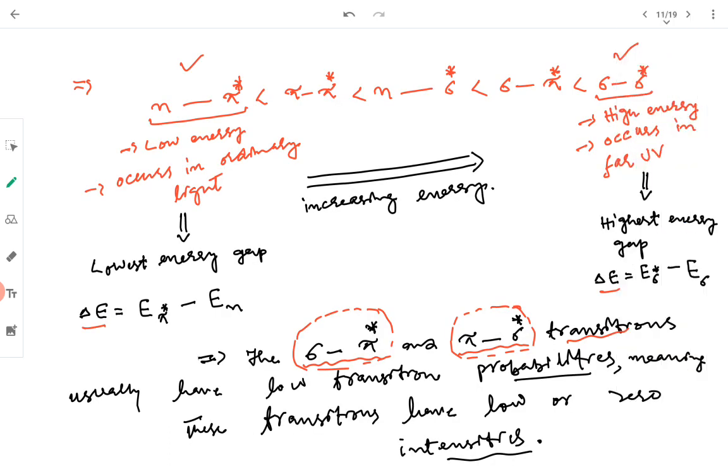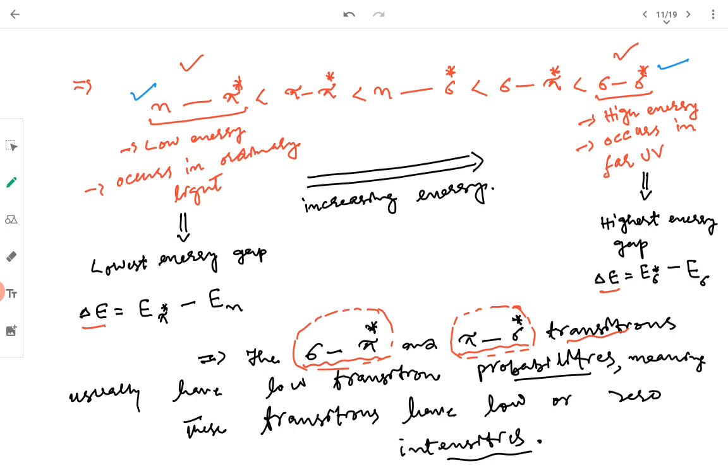So this slide gives you a relative energy of these transitions. Highest energy transitions are the sigma to sigma star, lowest energy transitions are the n to pi star, and pi to pi star, n to sigma star are the intermediate energy transitions.